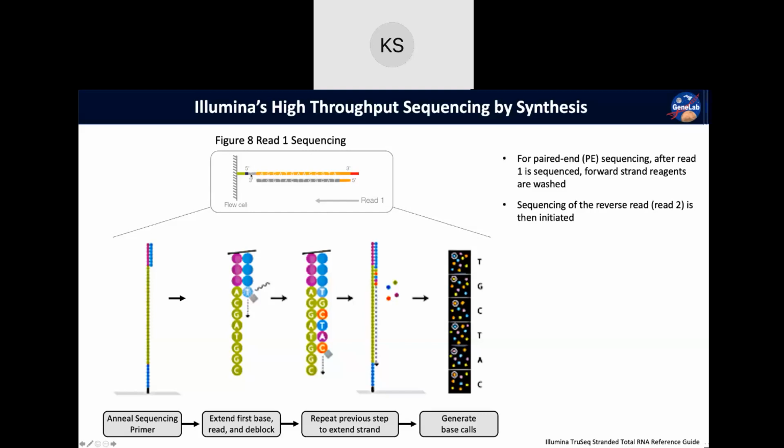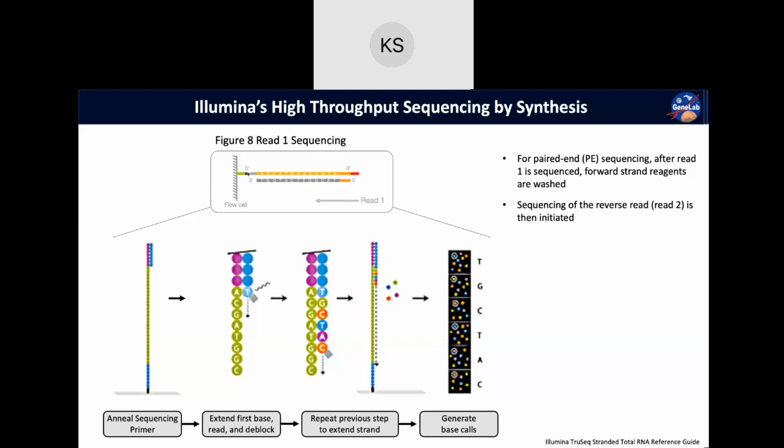So this is going to continue to sequence in this direction, and that's how you'll get the sequence of your index, which is what you need. So you have your read 1 sequence happening, then all those reagents washed away, and then primers are introduced to that I7 end, and that will allow sequencing of your index. So your first read is going to be your forward read. Your next read is going to be your P7 index read.